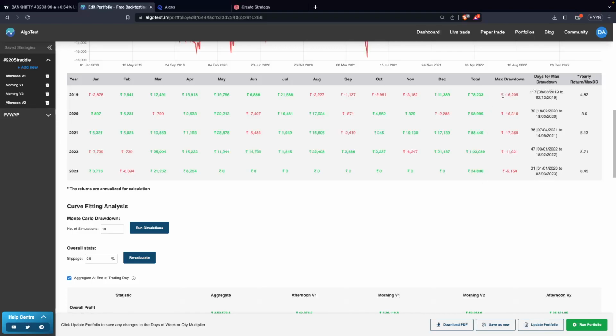So now the drawdowns have increased some. For the last year, the drawdown was 11,921, which means that once, the maximum loss the algo encountered was 11,921. But that loss was automatically recovered by the algo in some time.